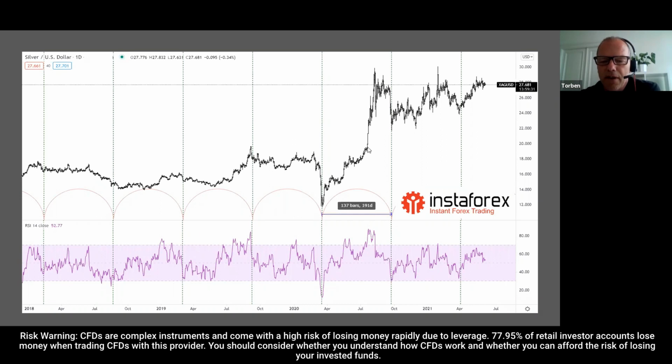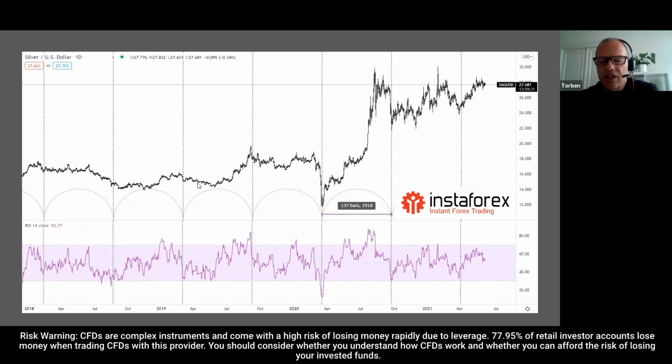So now we have found a pretty valid cycle here, 137 bars, going from March 2020, and we can see here in this case, yeah, we had a top here, but it actually continues up here and tops to the right of the half cycle, and then moves lower.